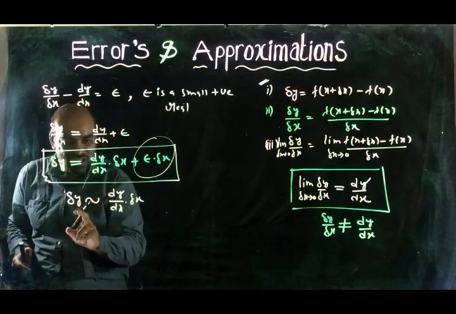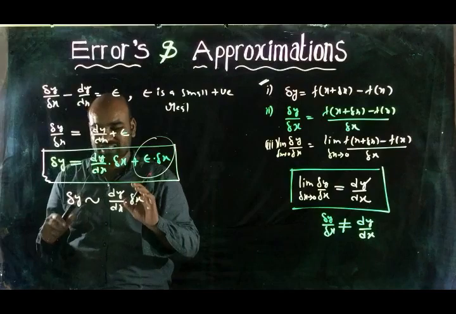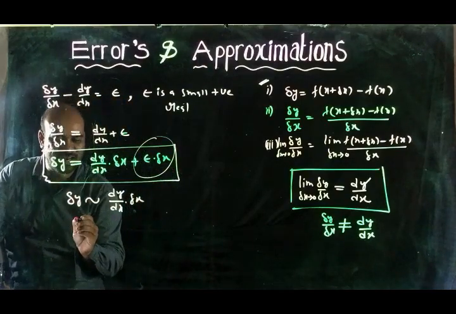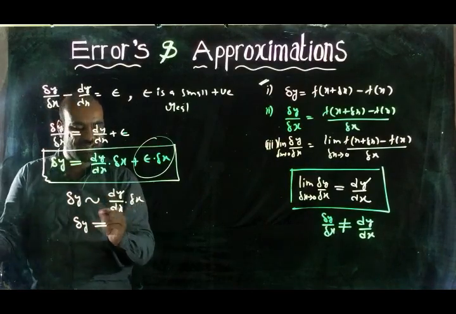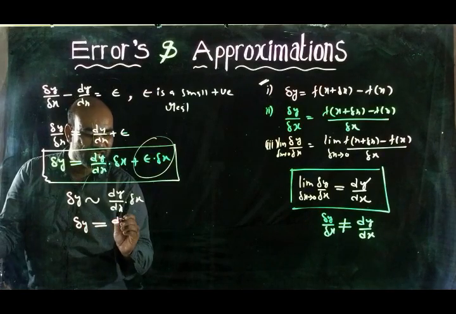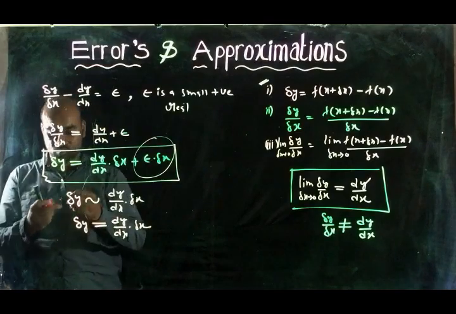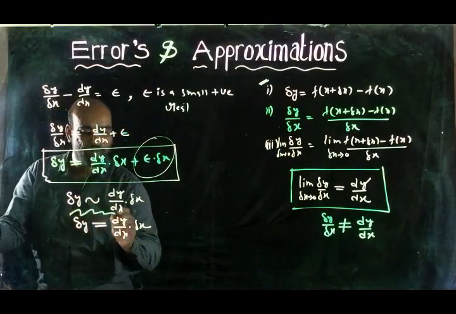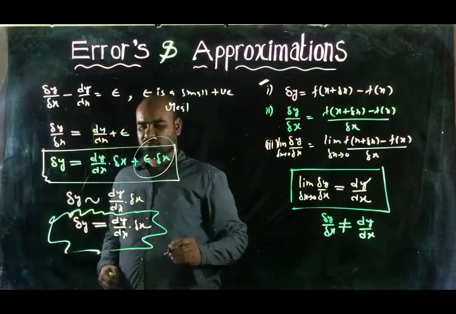By using this relation we can find the approximate change in y due to x. I can write simply, not exactly equal but approximately equal, delta y equal to dy by dx into delta x. By using this formula you can find the approximate change that happened in y.